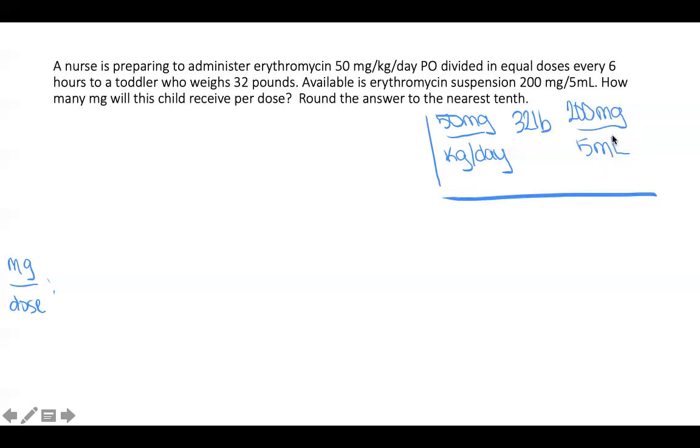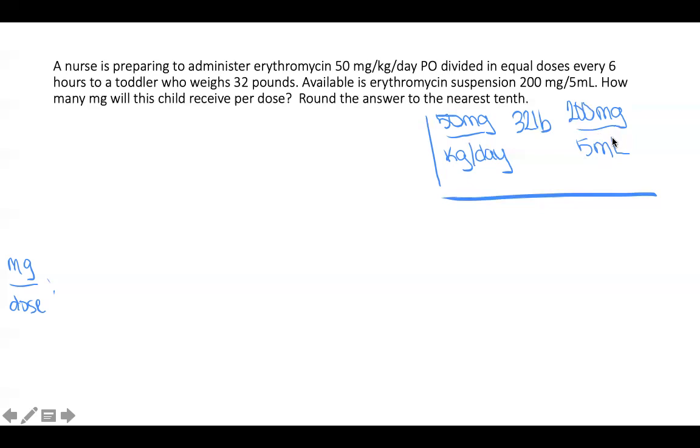But I understand that when you're taking these high stakes tests, it can get a little anxiety provoking and you may forget. So go ahead and start trying to solve the problem and see what happens. Okay, we just solved the problem using this 50 milligrams per kilogram per day, and we solved it just fine.